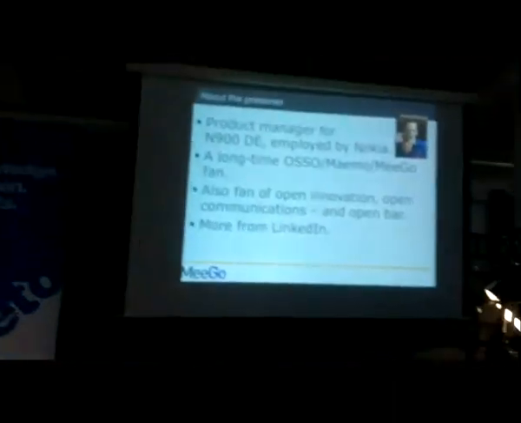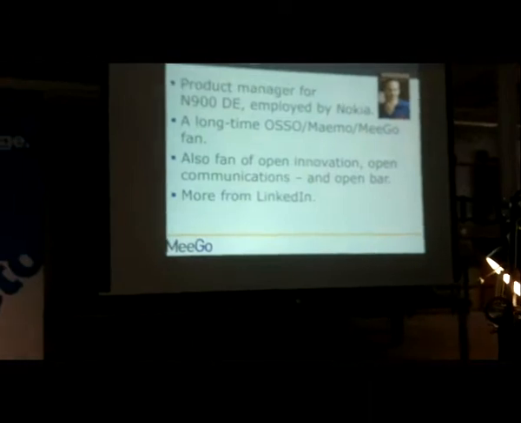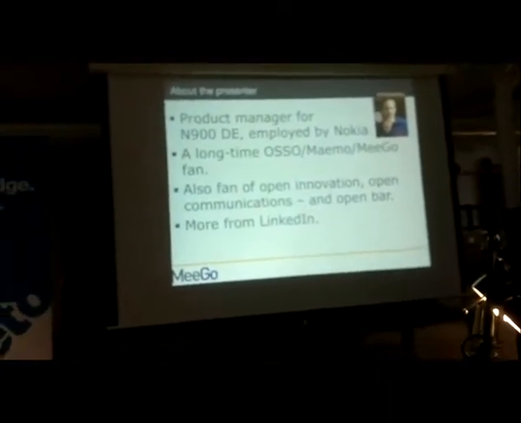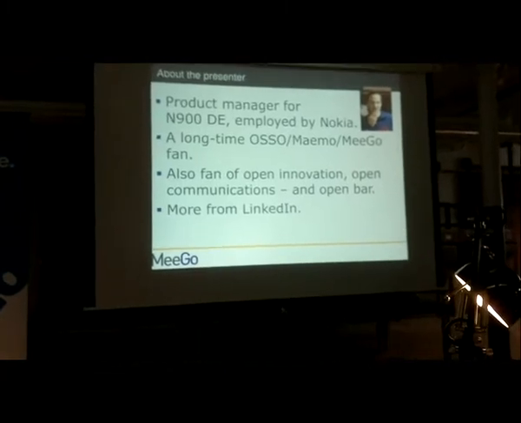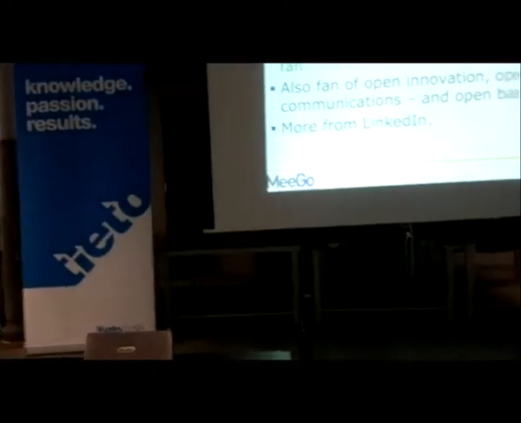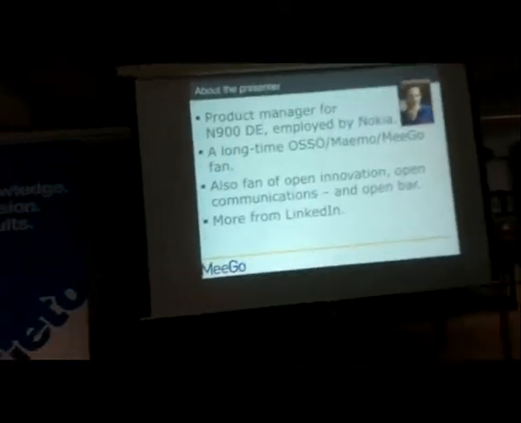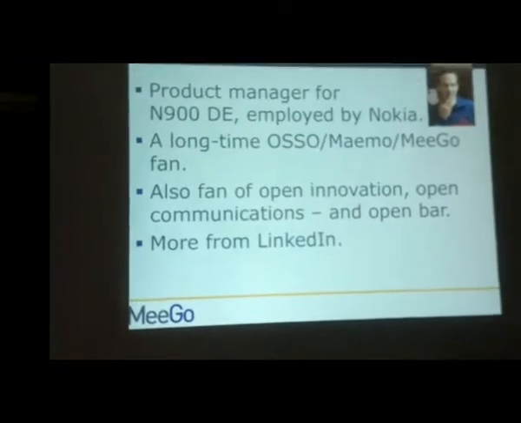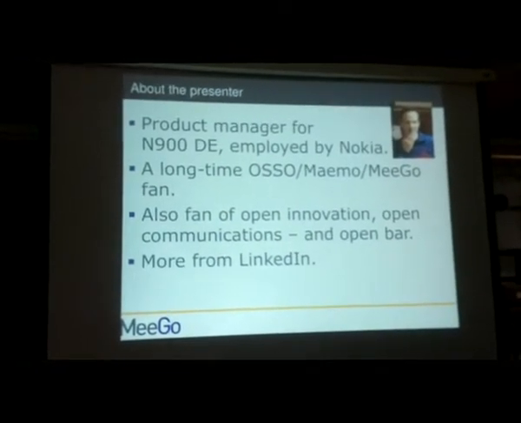A couple of words about myself. I'm the product manager for the Developer Edition, employed by Nokia. What does a product manager do? Basically, everything else that somebody else is not doing.